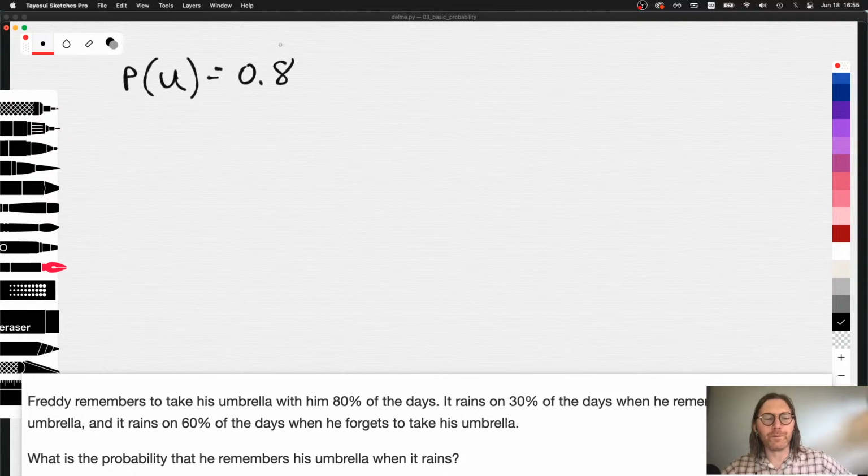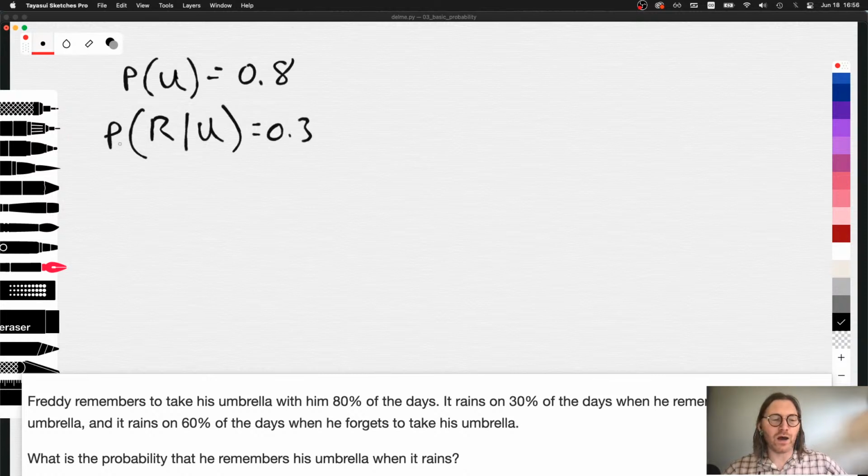And it rains on 30% of the days when he remembers to take his umbrella. So there's sort of this contingency here. So rains given umbrella, right? The probability of it raining given he remembered his umbrella is 0.3.